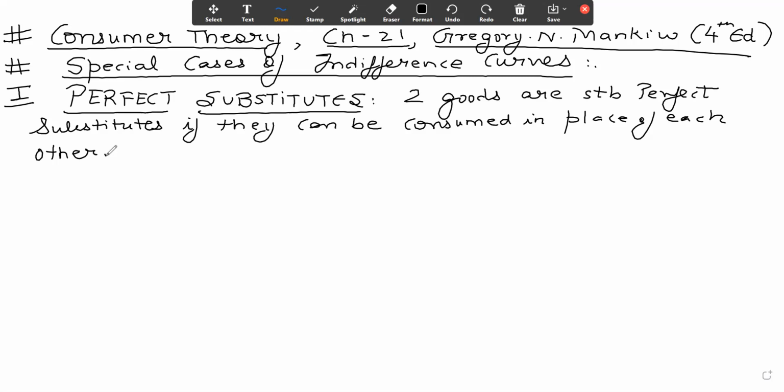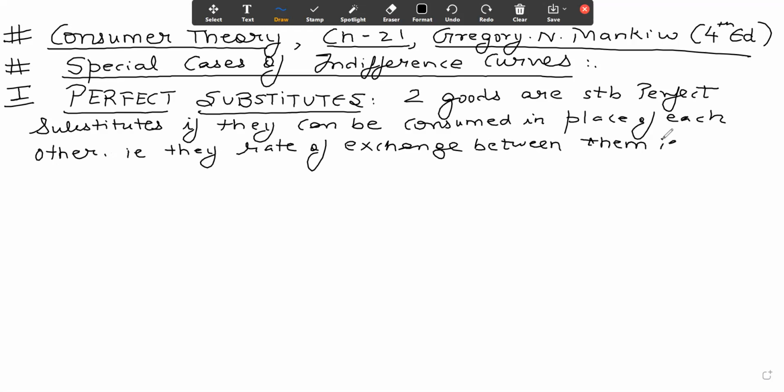Another way of saying it is, 2 goods are said to be perfect substitutes if the rate of exchange between them is a constant. And what is the rate of exchange called?